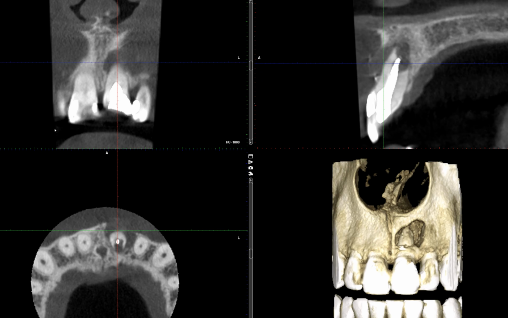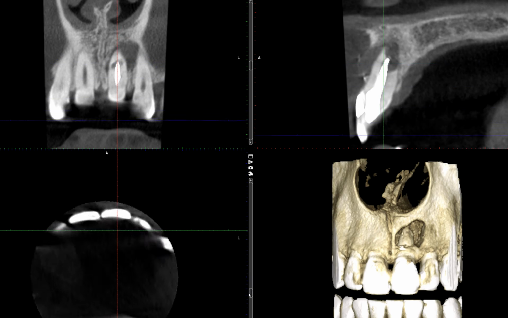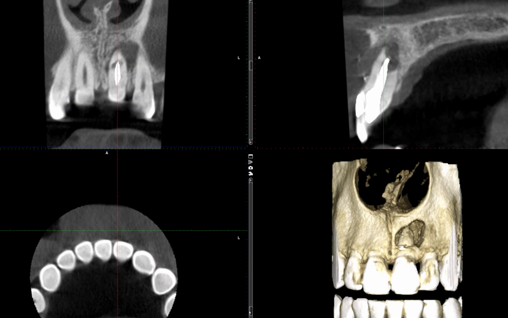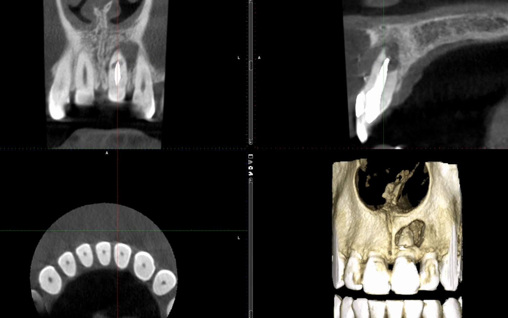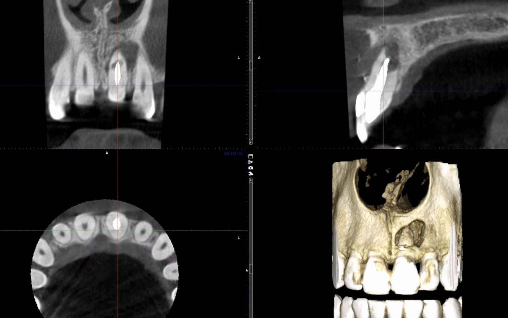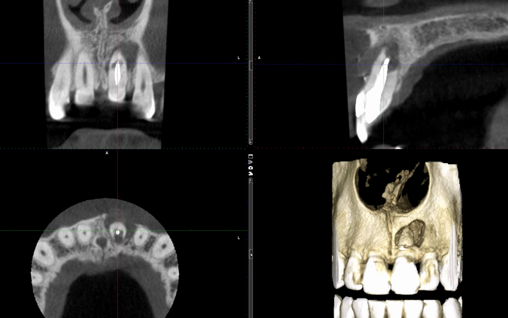So now let's go ahead and start looking at the scan with our axial view. As I start from the very inferior portion of the scan and move apically or superiorly to the maxillary arch, here we'll see that tooth number 9 is endodontically treated.